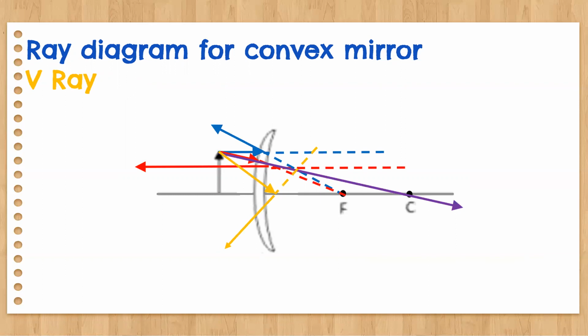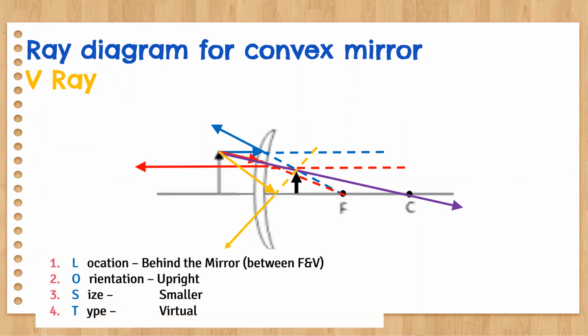Let's try showing where the image should be. Now, were you able to get it correctly? So let's try to determine the location, orientation, size, and type. Here are the characteristics.